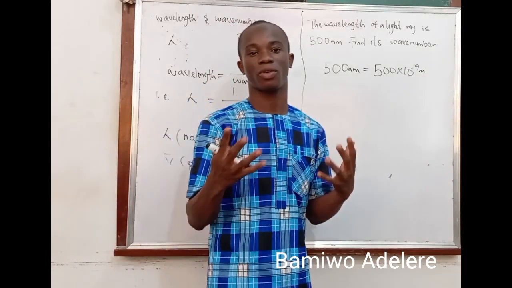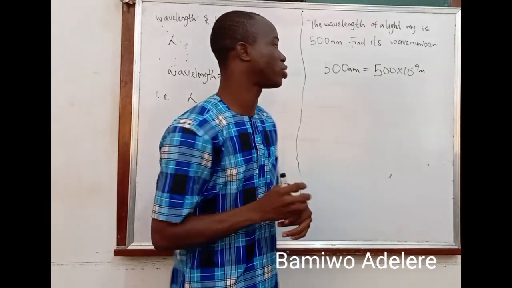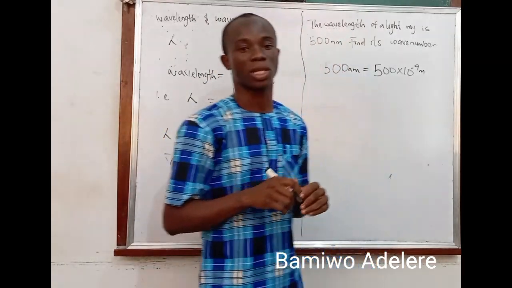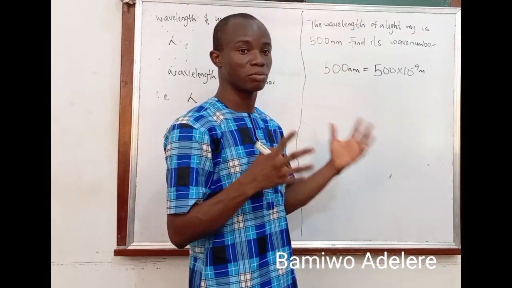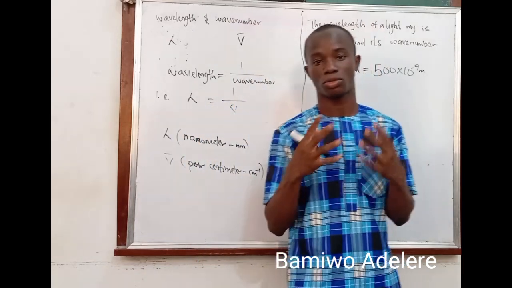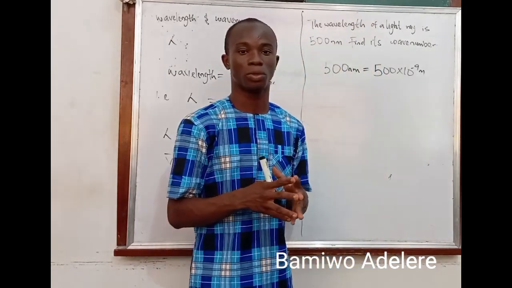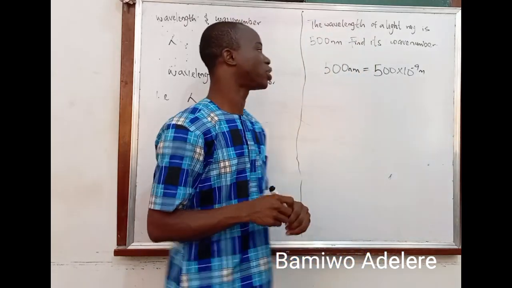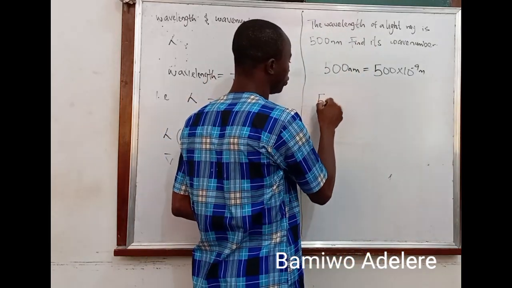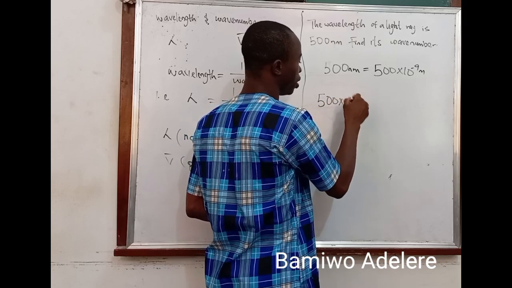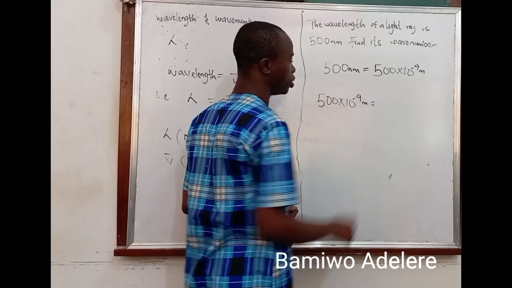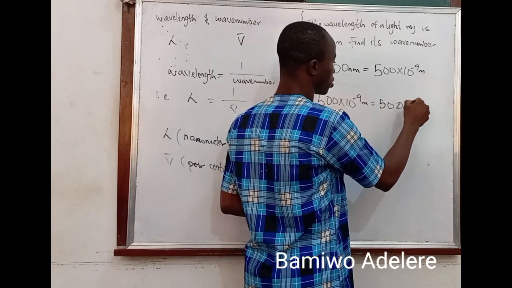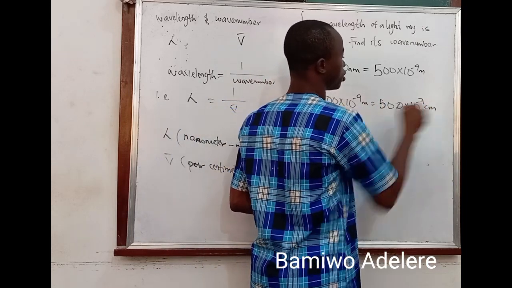Now, why do I go this way? It's just for us to also have an idea about conversion. Now that I have my wavelength in meter, I can convert it to centimeter, because we know that 100 centimeter makes 1 meter, and that implies that 500 times 10 to the power minus 9 meter will be equal to 500 times 10 to the power minus 7 centimeter.